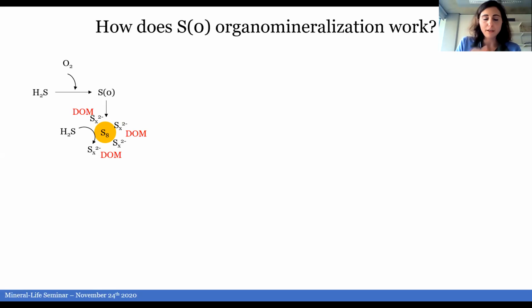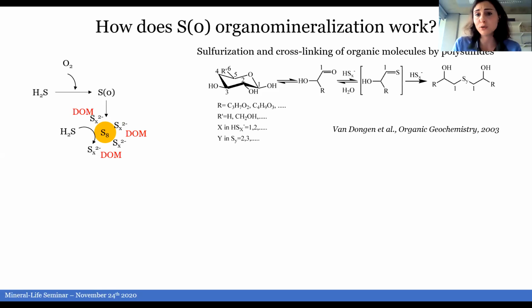In our medium, we have dissolved organic compounds. And here I'm showing you just one example of what polysulfides can do to a glucose molecule. We know that from previous organic geochemistry works. What polysulfides do is that they're going to attack organics and totally restructure these organic compounds and form larger macromolecules that are bridged together by polysulfide ions.